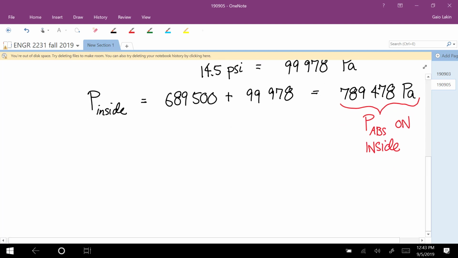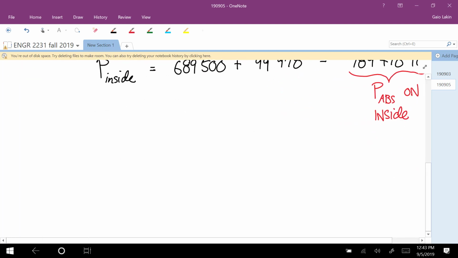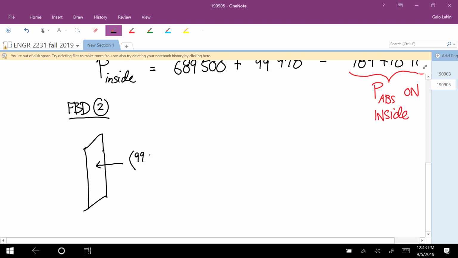So let's do one of these. Free body diagram of face 2. That has a force of 99,978 times the area of that face, which is 0.35 squared.